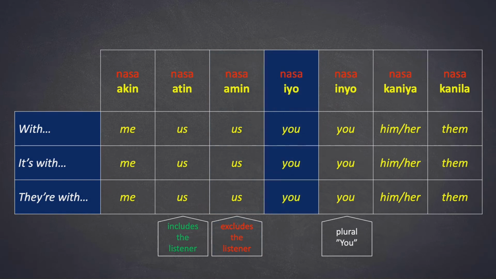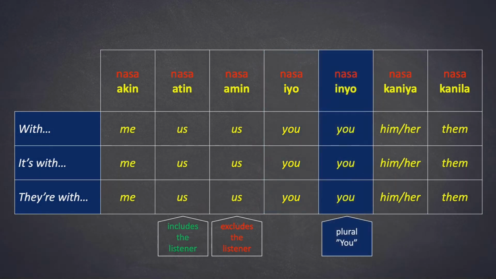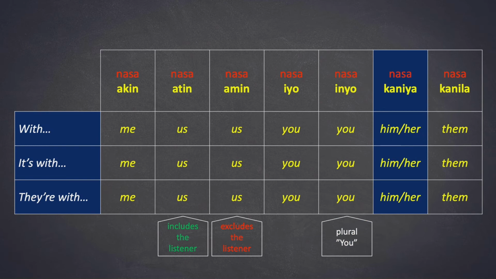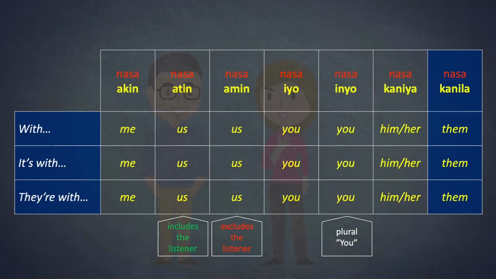With you, it's with you, they're with you. Nasa inyo. With you, it's with you, they're with you. Plural form. Nasa kaniya. With him or her, it's with him or her, they're with him or her. Nasa kanila. With them, it's with them, they're with them.